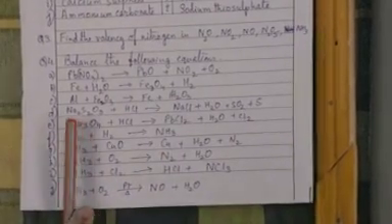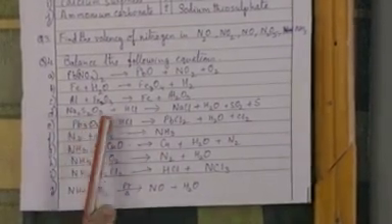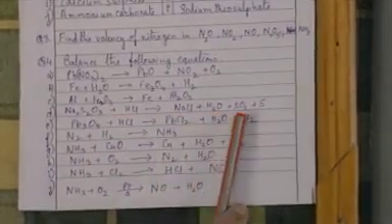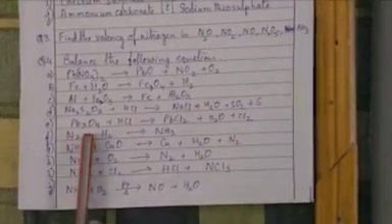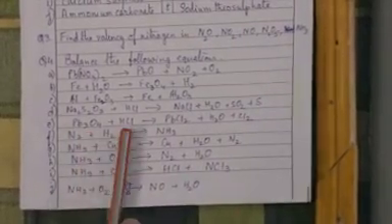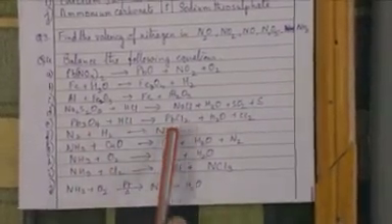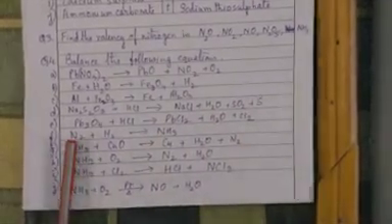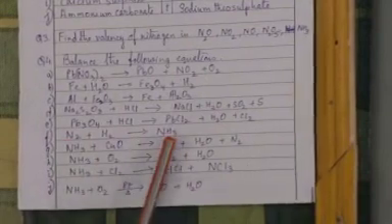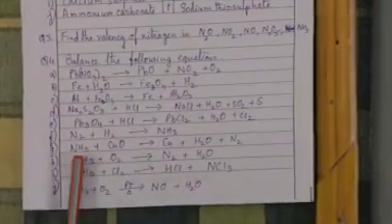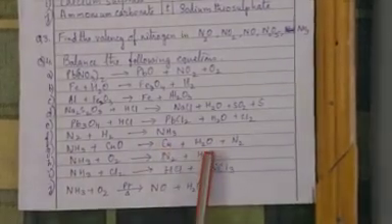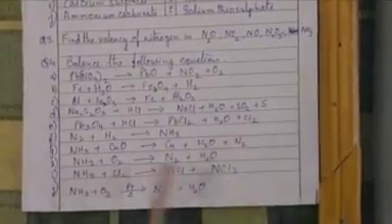Sodium thiosulfate, Na2S2O3 plus HCl gives NaCl plus H2O plus SO2 plus S. Pb3O4 plus HCl gives PbCl2, H2O, Cl2. N2 plus H2 gives ammonia, NH3. NH3 plus CuO giving Cu plus H2O plus N2.